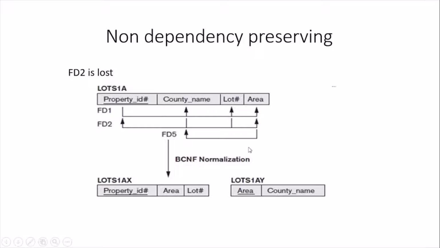But you have county name that determines property ID number, county name determines the lot number, county name determines area. So this FD2 is lost when you decompose this loads 1A into loads 1AX and loads 1AY. So this is a non-dependency preserving example. After decomposition, you lost one dependency from the original relation.